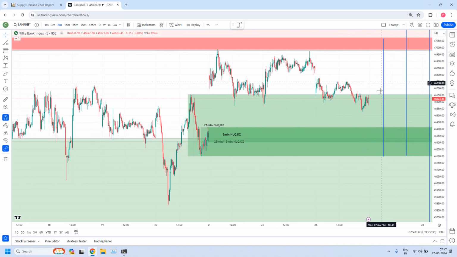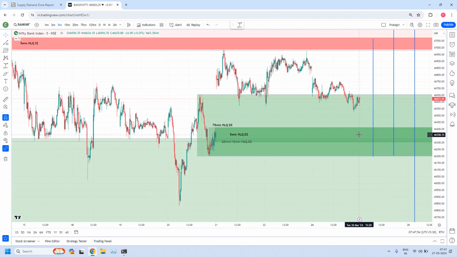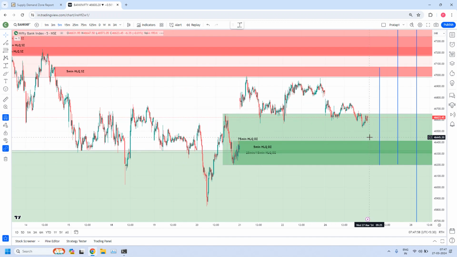So this is still the range for today's trading session. If prices enter one of these zones, you can take an entry, so you get a trading opportunity. I'm not saying you should take an entry, you get a trading opportunity. But you should plan as per your risk management.